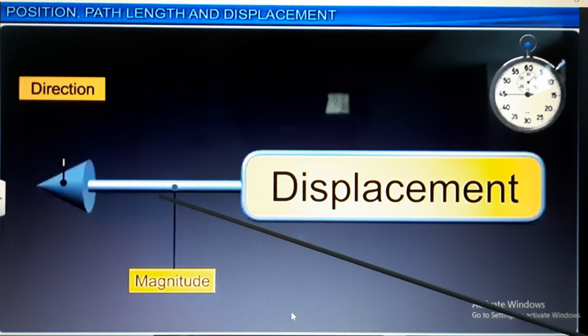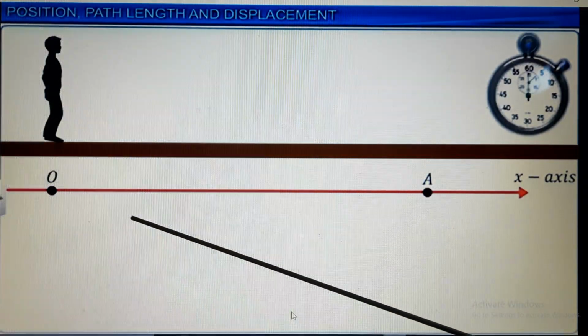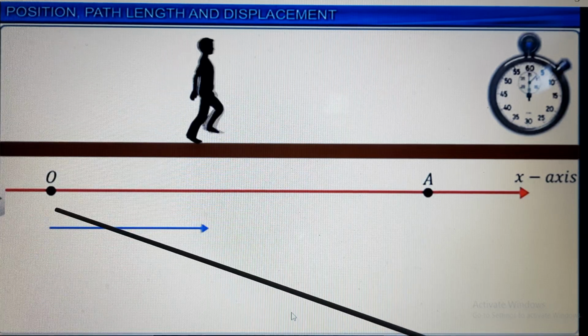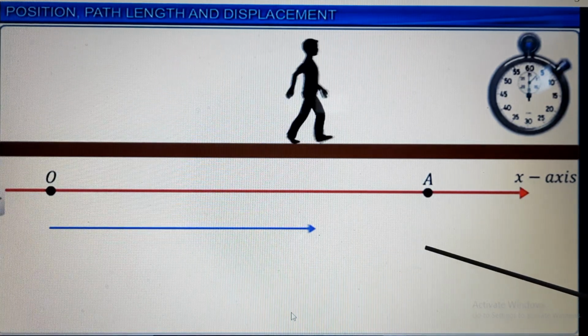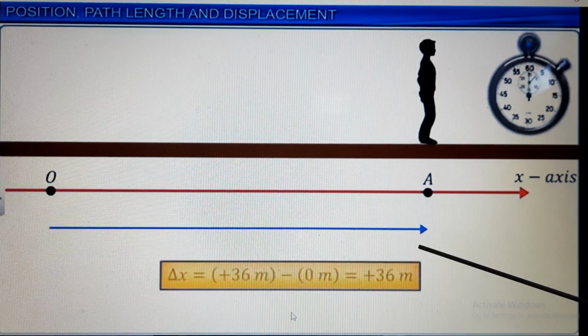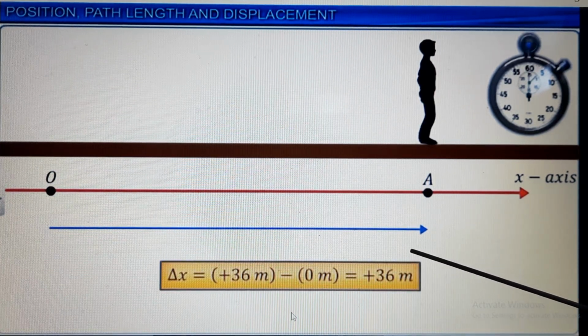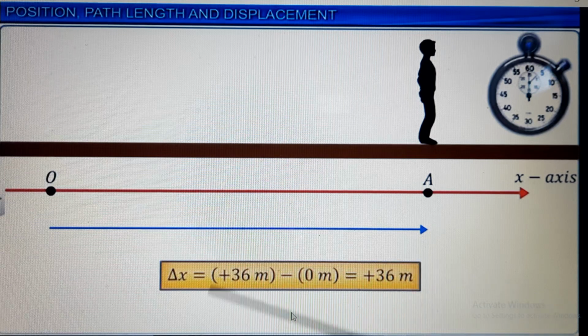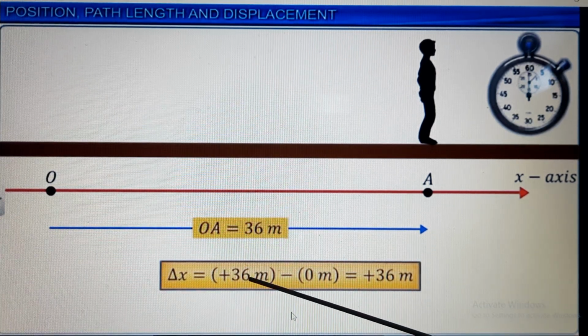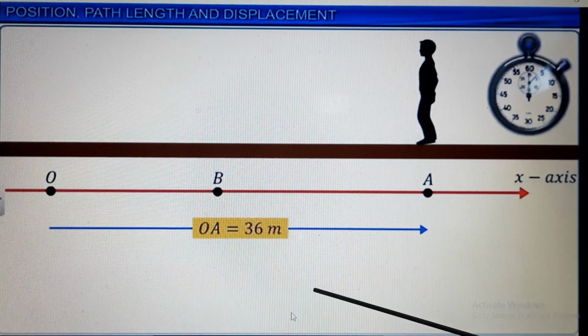This is the magnitude and this arrow is the direction. Suppose this boy is moved from O to A. Here the distance from O to A is 36 meter. Delta x is equal to 36 minus 0, means final position minus initial position.